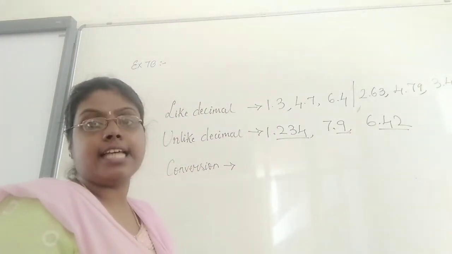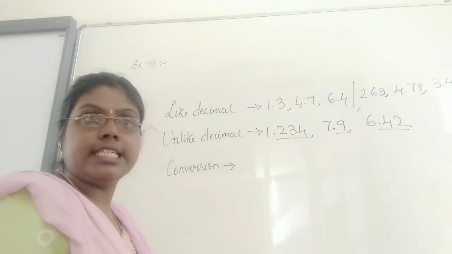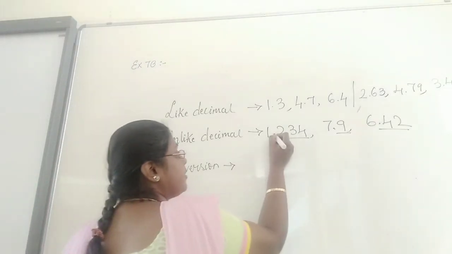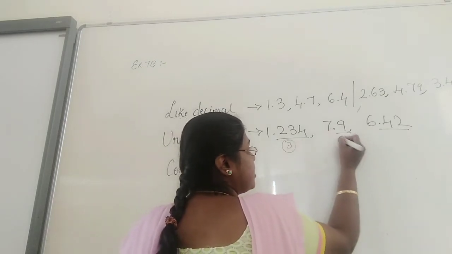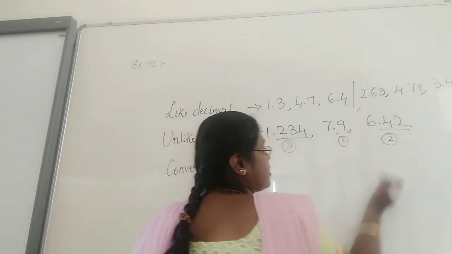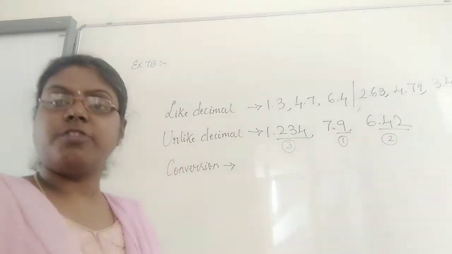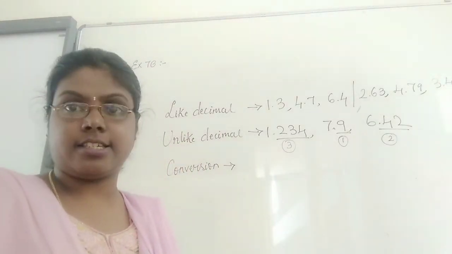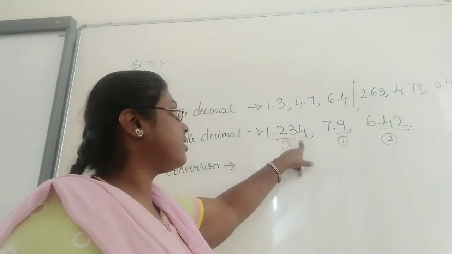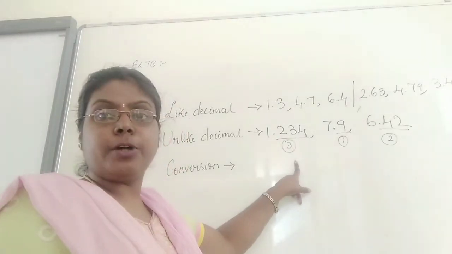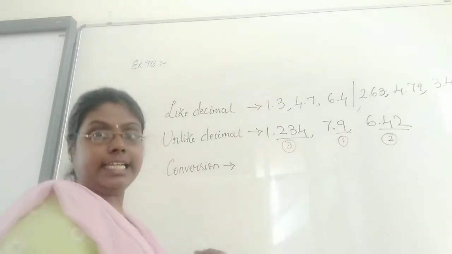After the point you have 3 digits, 1 digit, and 2 digits. Find out which is the greatest number of digits. So 3 digits is the greatest.